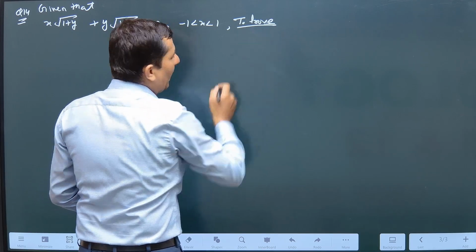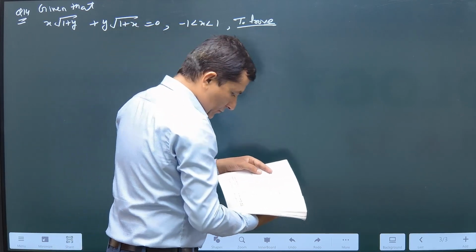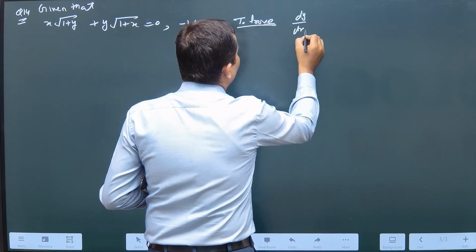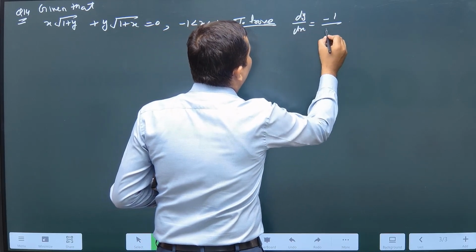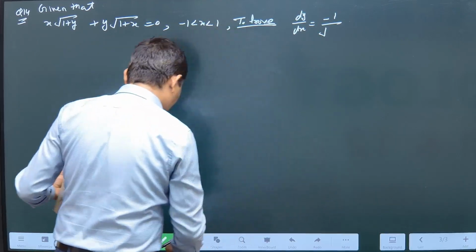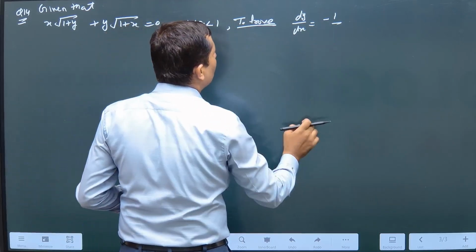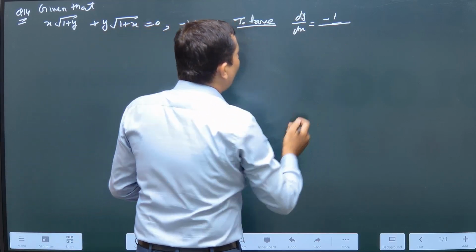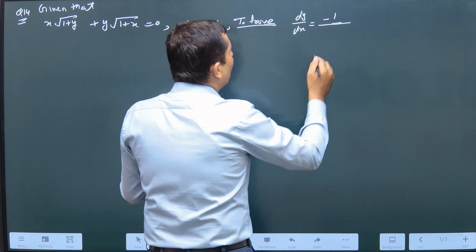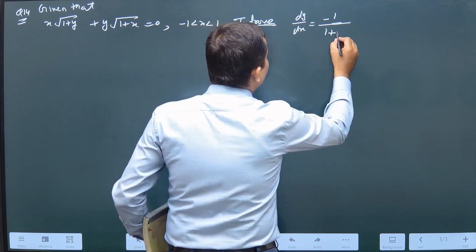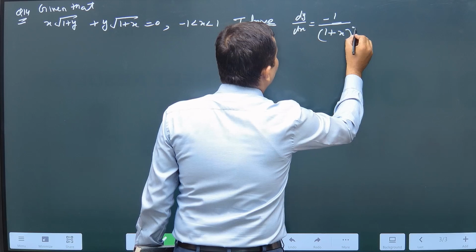You have to prove dy upon dx is equal to minus 1 upon 1 plus x whole square.